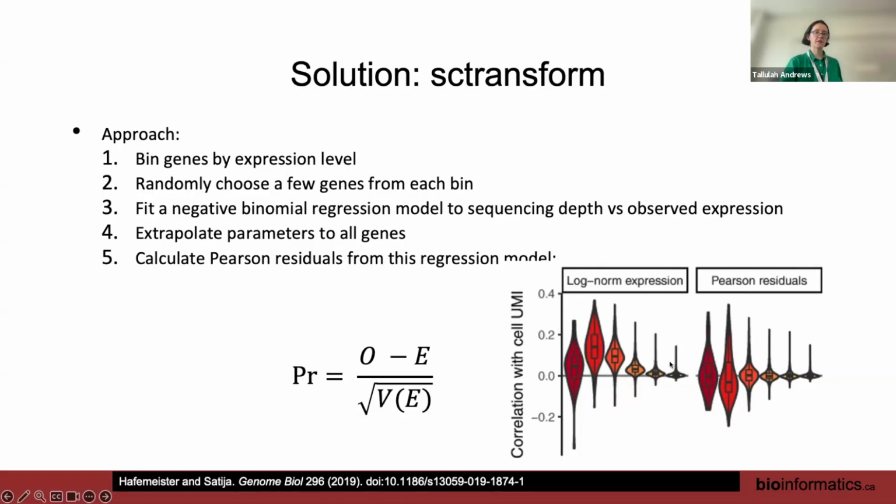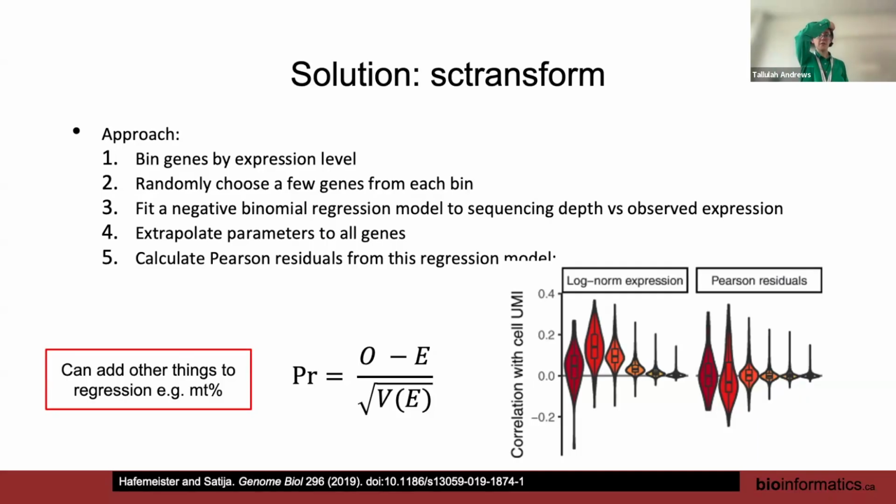We still have positive slopes for more highly expressed genes. If we use this Pearson residual or SCTransform approach, all of them are now around 0. So it corrects for all of the different relationships for genes at different expression levels, which is why this is now the go-to normalization method in single-cell RNA-seq.